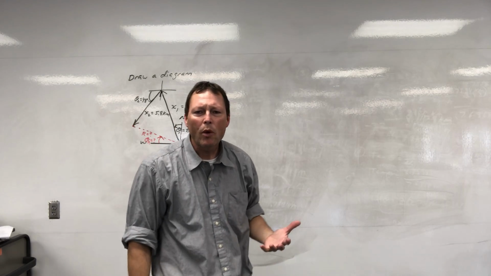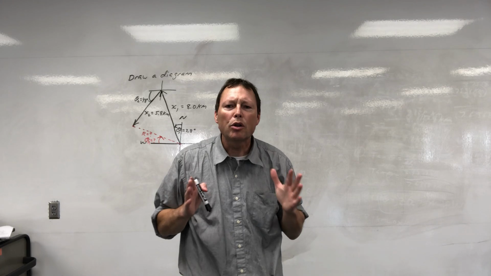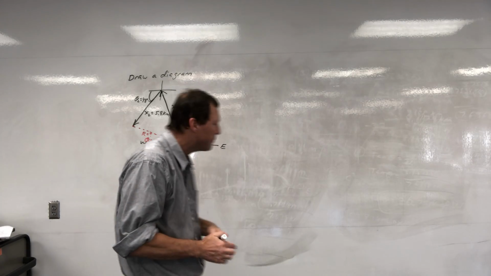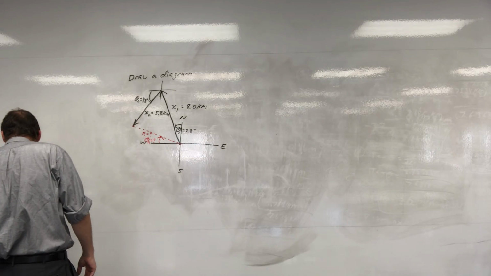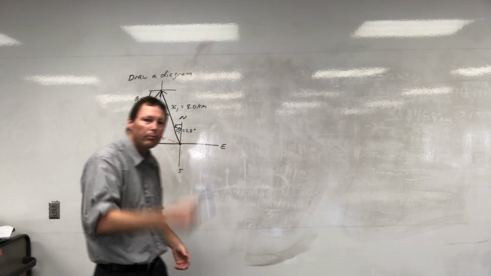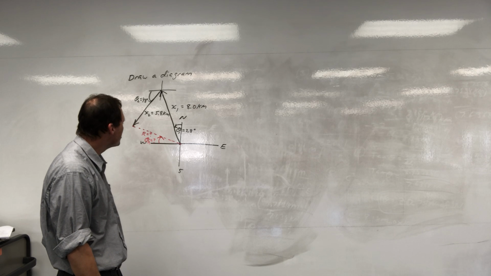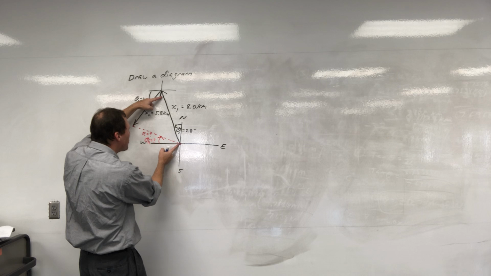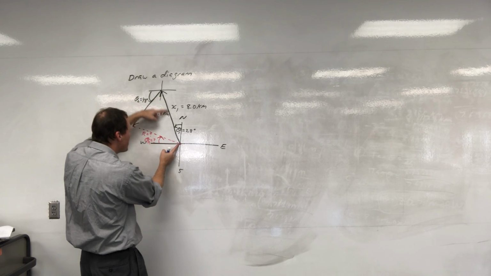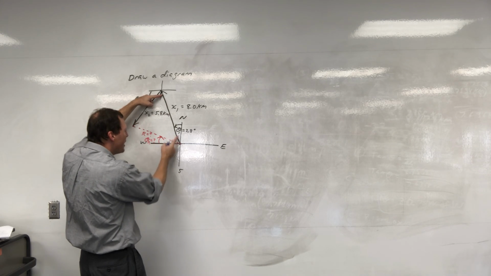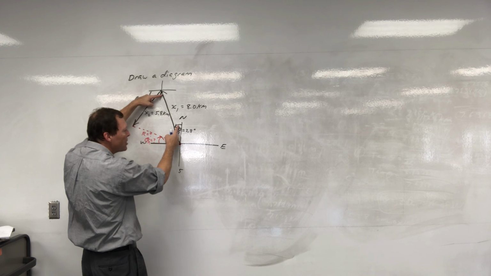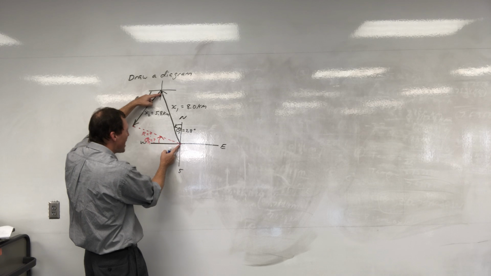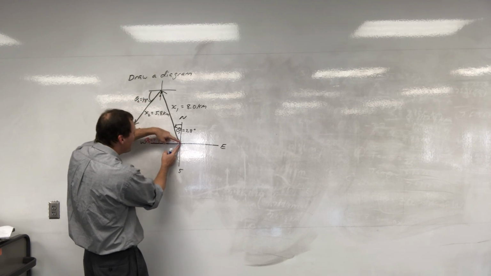Now when I create my right triangles, I like to include my angle in the triangle that I actually make. Let me show you what I mean by that. I'm going to use blue, which hopefully will make this a little bit easier to see. Here's my first vector, and I need to create a right triangle using this as my hypotenuse, and that's my angle. I want my right triangle to include my angle also, and I want to find the horizontal part of this and the vertical part.